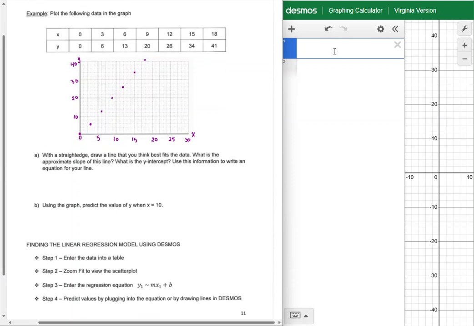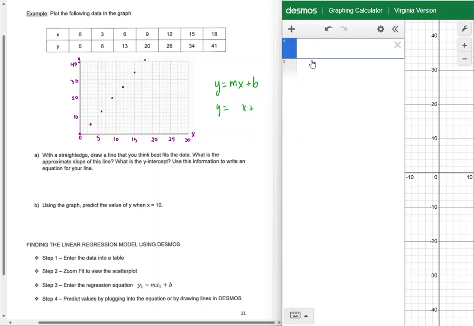So what I'm going to do in Desmos is find the equation of the line. I'm going to write it here: y equals the slope times x plus b. To finish the equation, I need to find the slope and then find b. In Desmos, the first step is to put this table into Desmos.